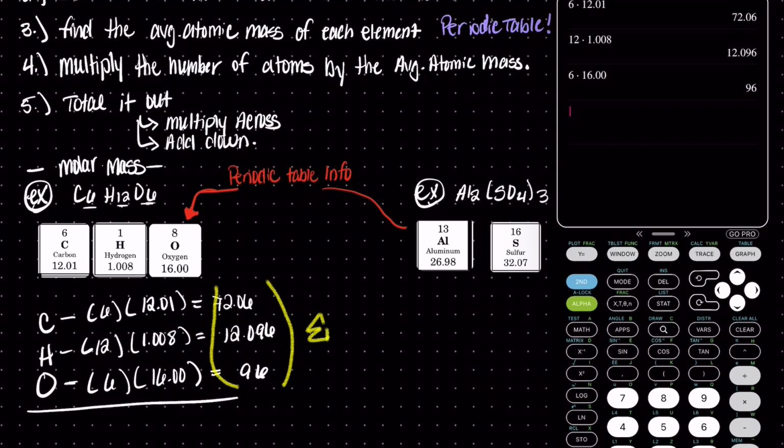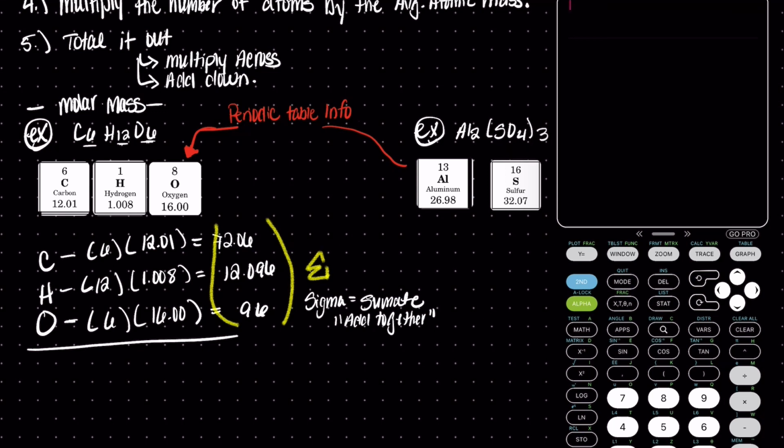This fancy sigma means summate, or add together. And then you just add them together. 72.06 plus 12.096 plus 96 should give you a whopping 180.156 grams.